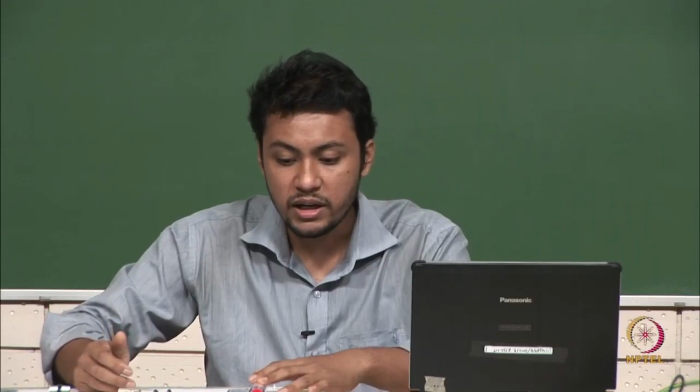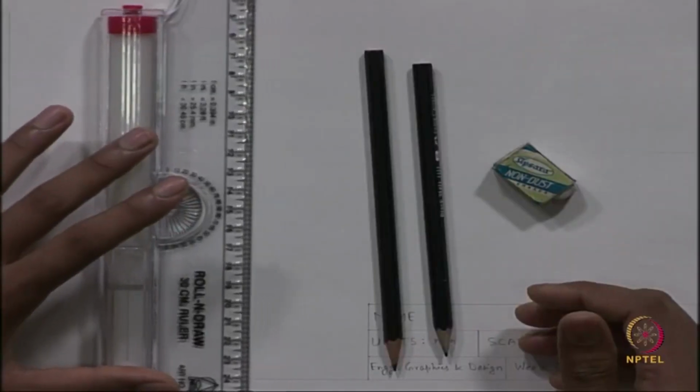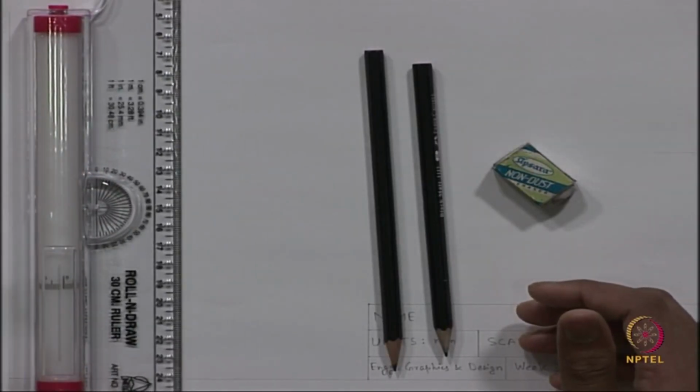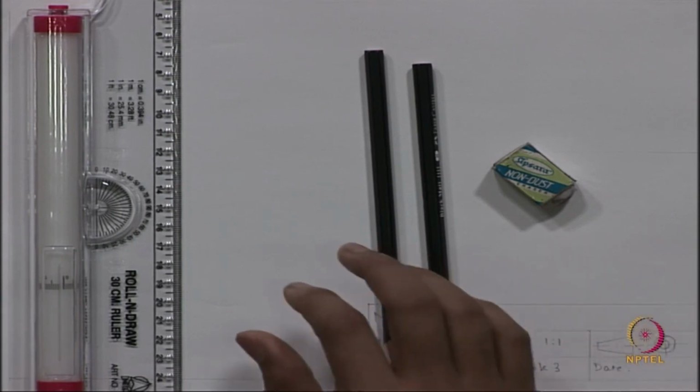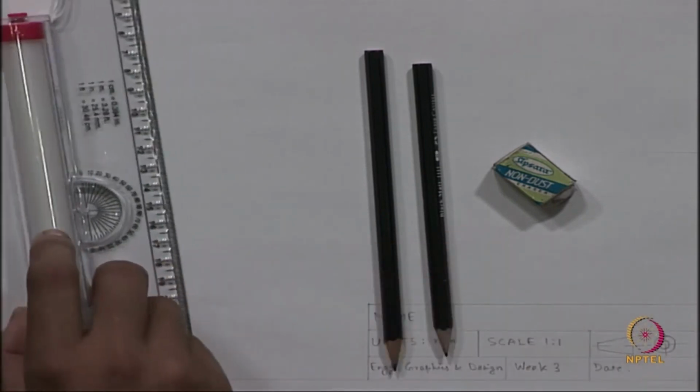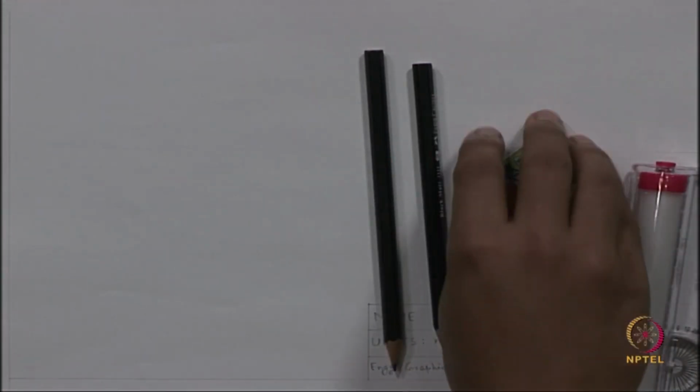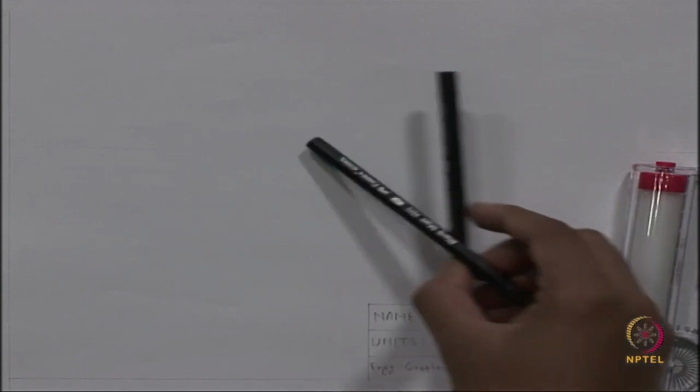But the advantage with the slide ruler is you can draw parallel lines easily using this. So, these are the items which we need for this drawing, and definitely now we won't waste time and we will directly start doing those examples.